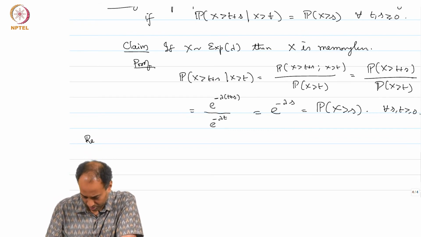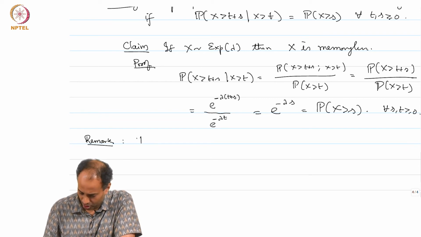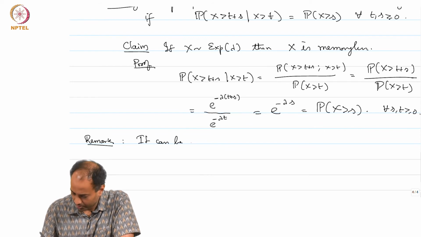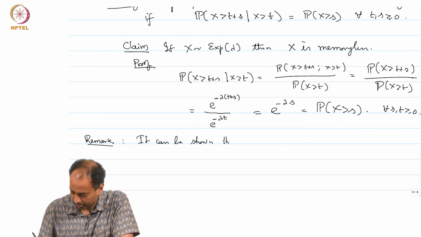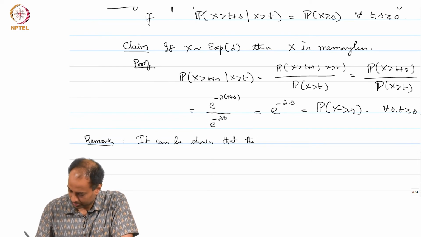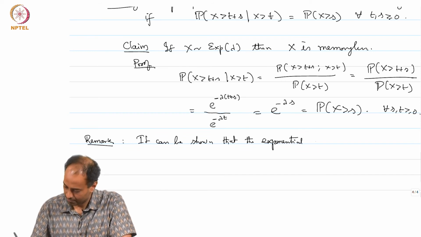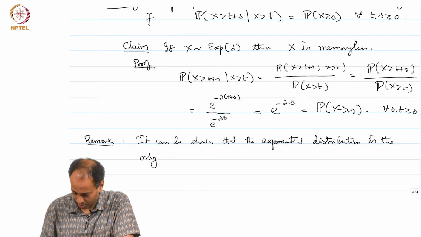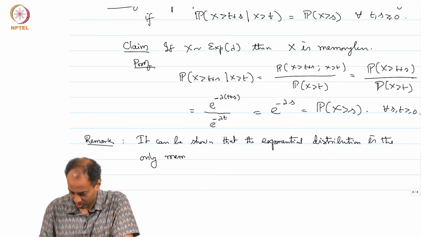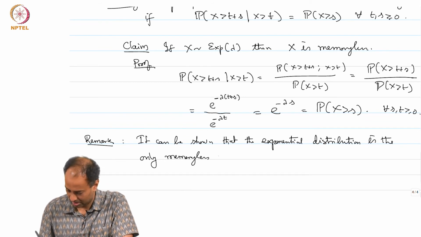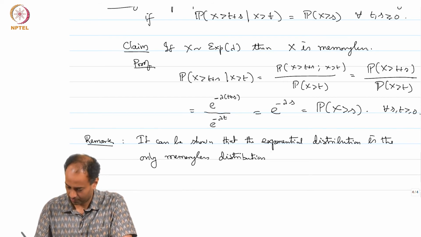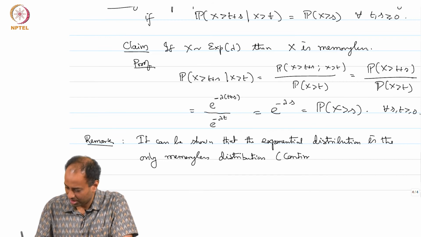Remark: it can be shown that the exponential distribution is the only memoryless distribution in the continuous world.